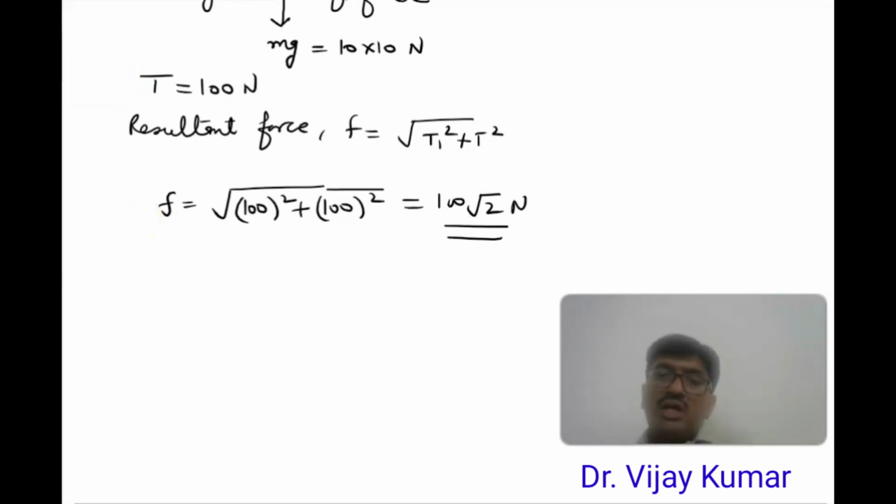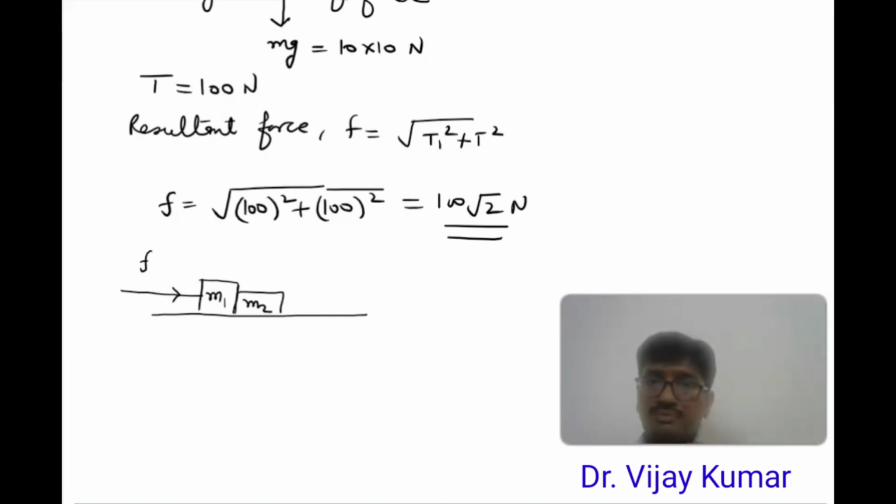Now we will discuss the next case. Suppose this is a plane surface and this is a body of mass m1, and another body of mass m2. A force is applied on the bodies, and both are in contact with each other.